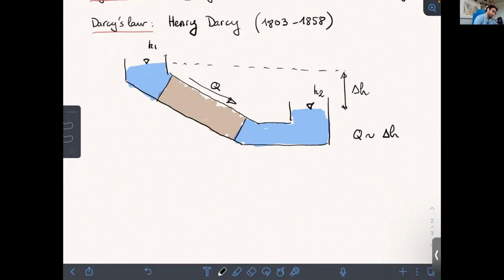And so based on this, he established Darcy's law that states that the flow rate is proportional, with a given constant called K, to different things. So to the area of the porous media, this is the area here of the porous media exposed to the fluid. It's also proportional to the difference in level, delta H, and inversely proportional to the length of the porous media.